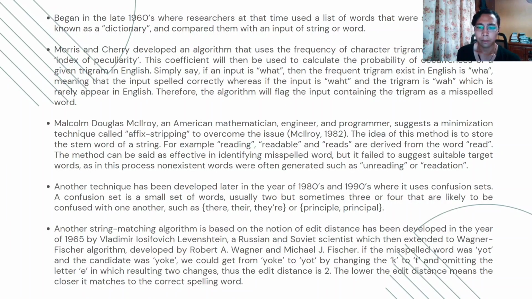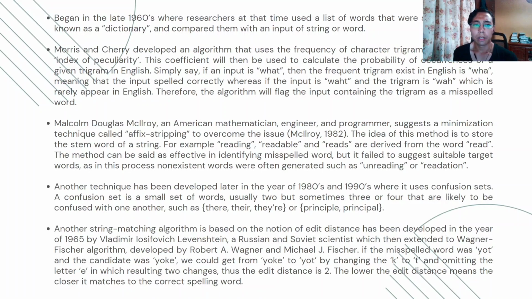But after some time they found out that this method, using the dictionary, is not effective because they need to compare the word with the words in the dictionary, which comprises many words or phrases, and it is inefficient.